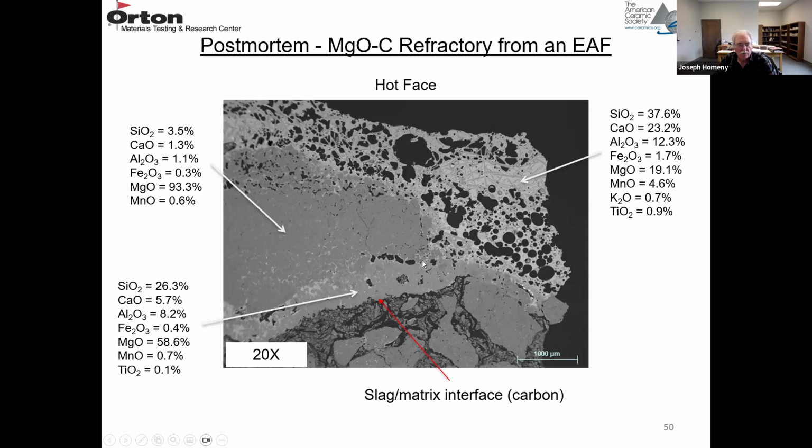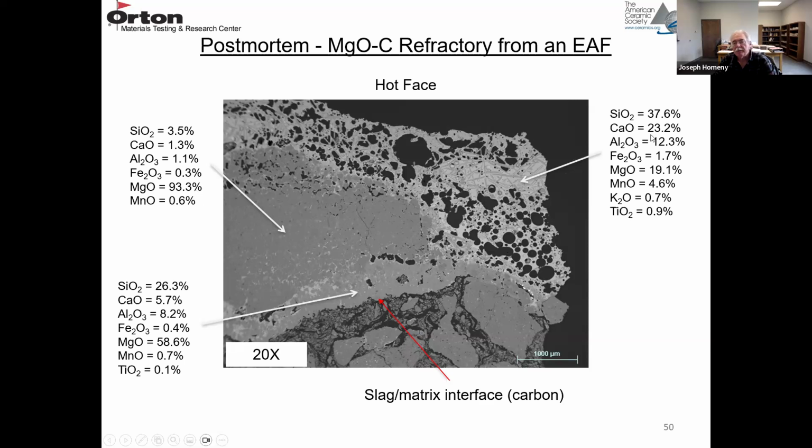And then this is a region where the matrix has been eroded away and altered between this coarse aggregate and the residual refractory here. So here's a coarse MgO grain. It's about 94% MgO.